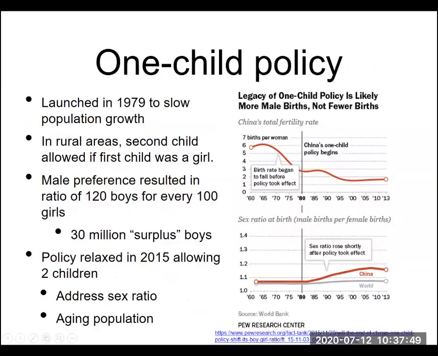One example of this: China in the late 1970s launched a program to slow their population growth. They basically had a one-child policy. Previously, they had kind of uncontrolled population growth. They were growing beyond their resources, and they were seeing a lot of poverty associated with it.